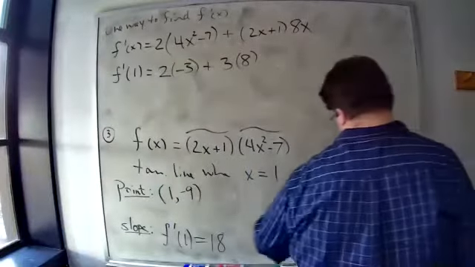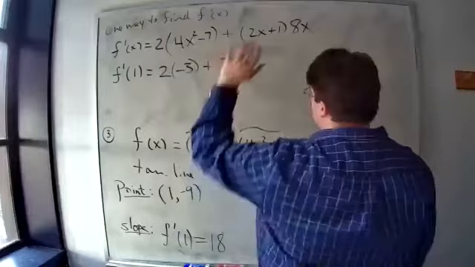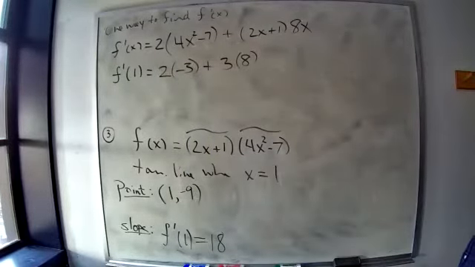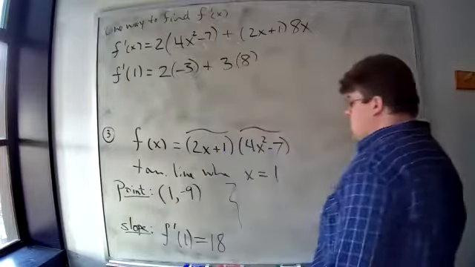So notice in substituting x equals 1, I didn't use any simplified form. I just threw x equals 1 up there. You could have simplified that and then substituted it. I didn't want to do that. Well, let's finish this question now, and then I'll show the other way to do that.